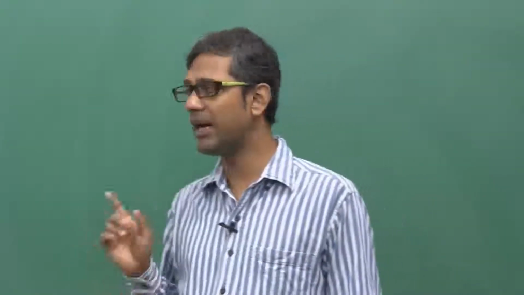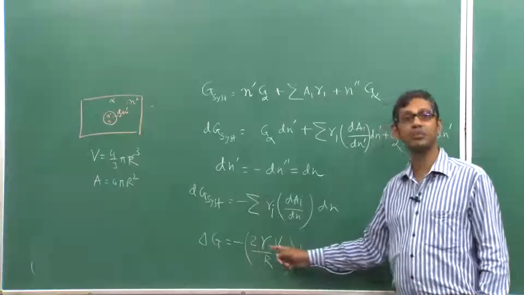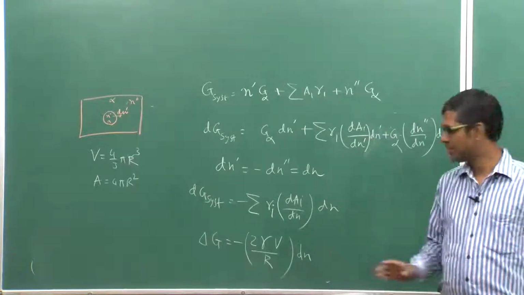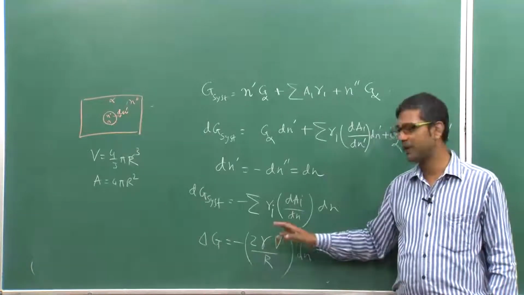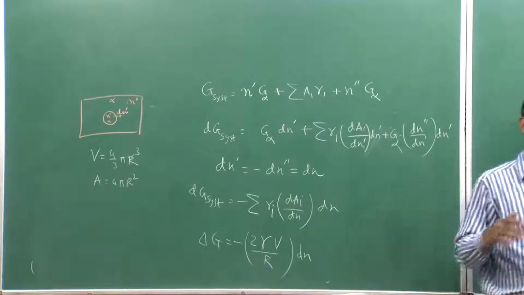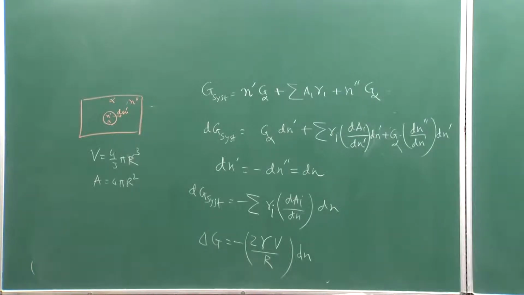Remember, one thing we have assumed here: the gamma in this equation is isotropic, which is not the case. So there will be some deviations when gamma is anisotropic. That is what I said. The grain boundary nature dictates whether the grain will shrink or grow.